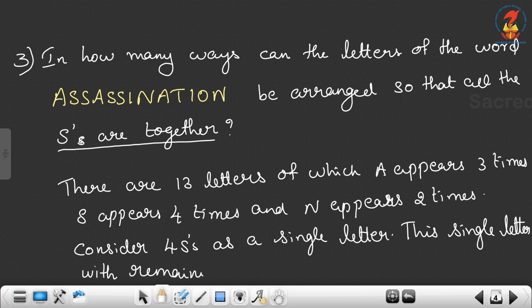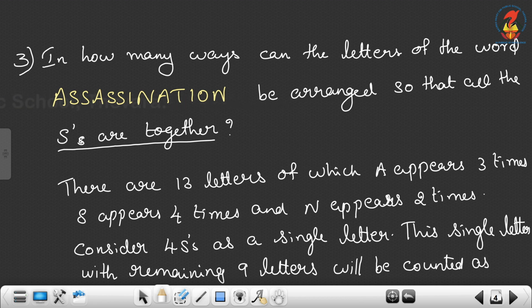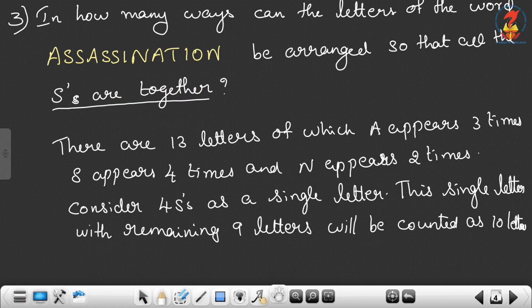Remaining 13 minus 4 is 9. Remaining 9 letters will be counted as how many letters? 9 plus 1, 10 letters. Okay. So now we have 10 letters.